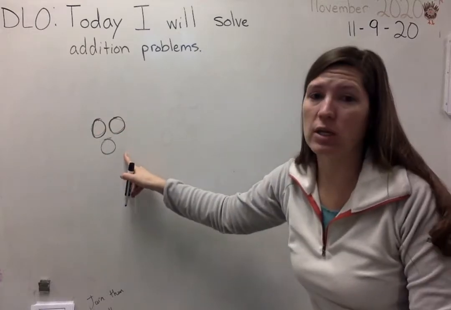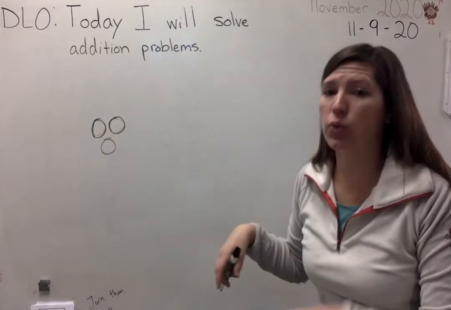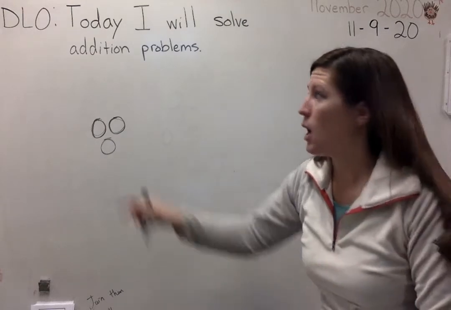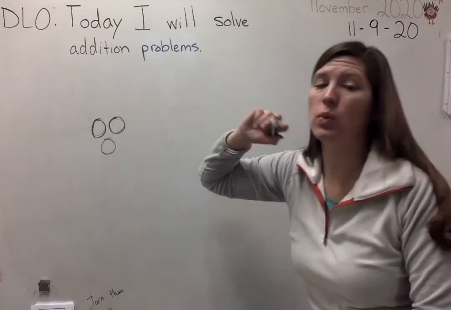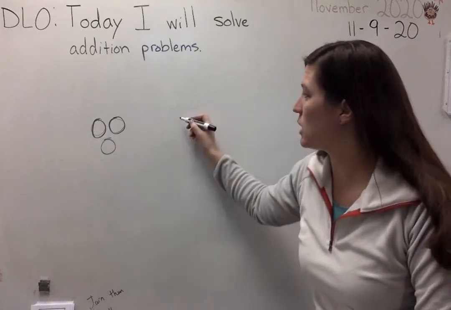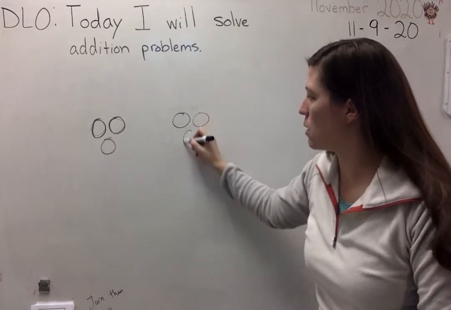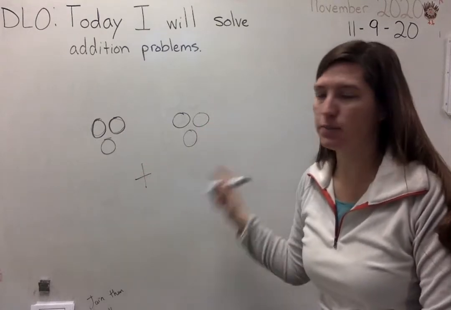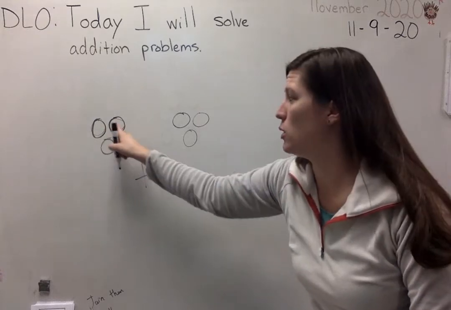I had 3 cookies. I found 3 more cookies. When I hear the word more, I know it's addition. So what operation? Plus. So I had 3 cookies. I found 3 more. How many do we have all together? How many do we start with? 1, 2, 3.